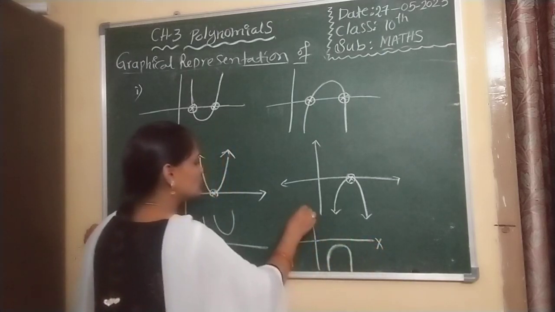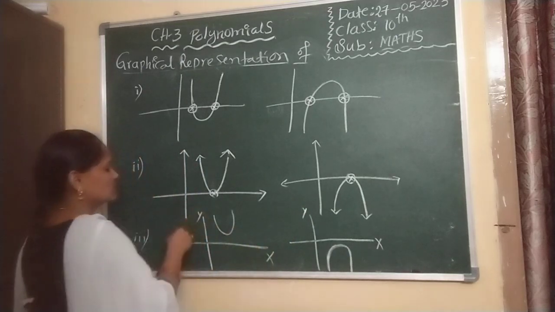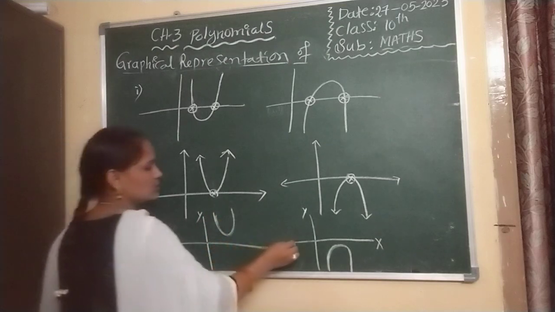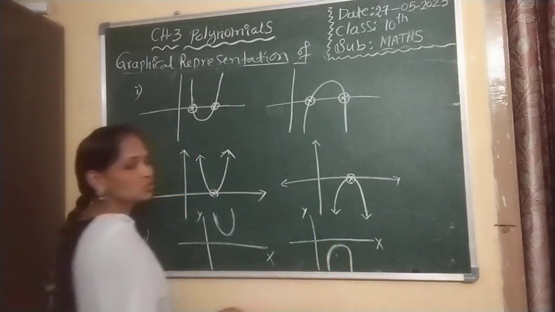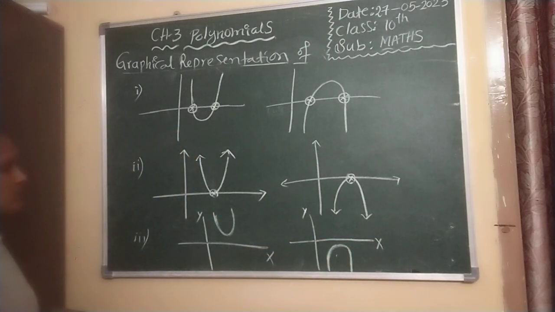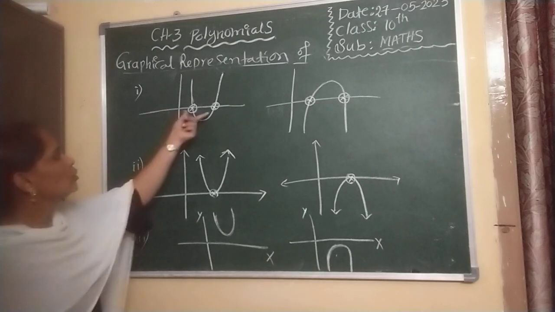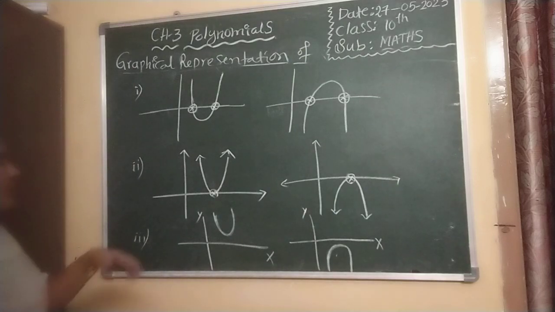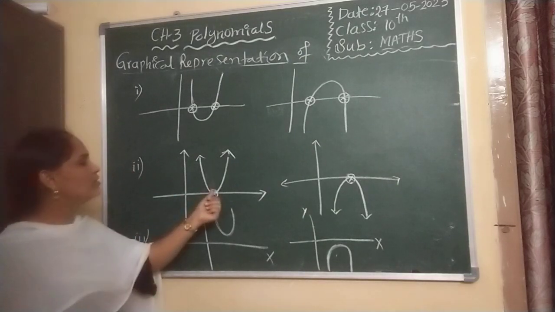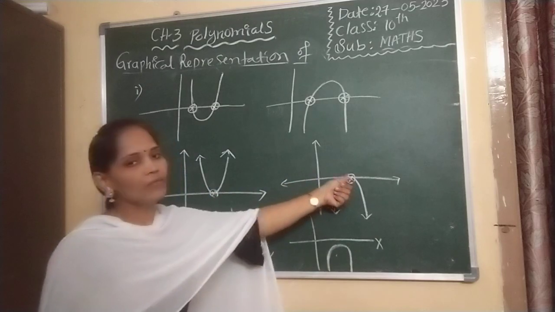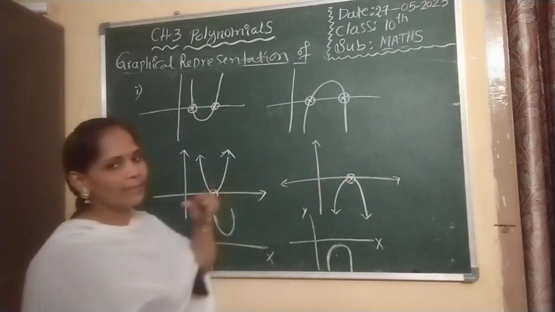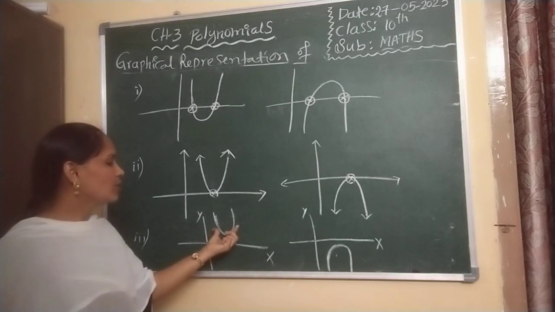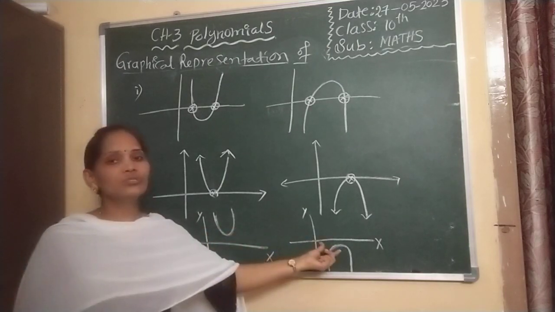This is the x-axis and y-axis. This parabola is not intersecting the x-axis, and this downward parabola also is not intersecting the x-axis. So case 1 has 2 zeros for upward and downward parabolas, the second case has only 1 zero for upward and downward parabolas, and in the third case the quadratic polynomial does not have any zeros.